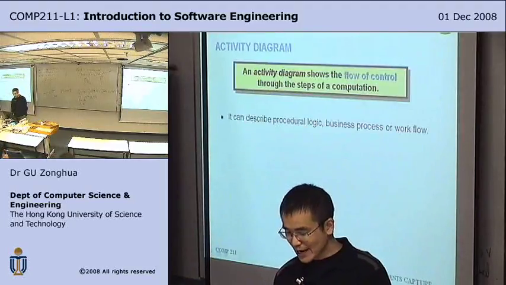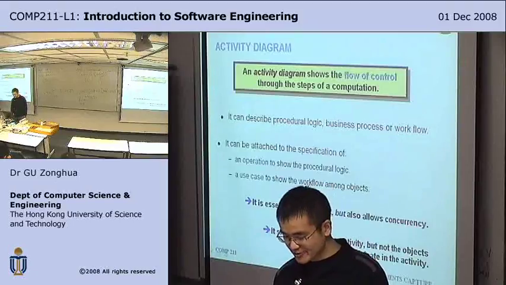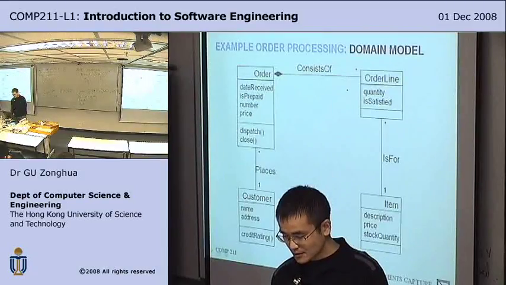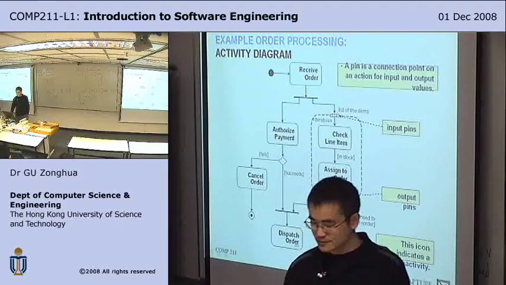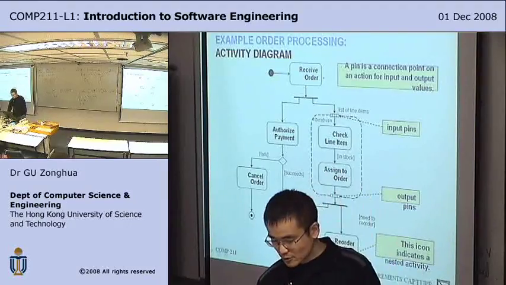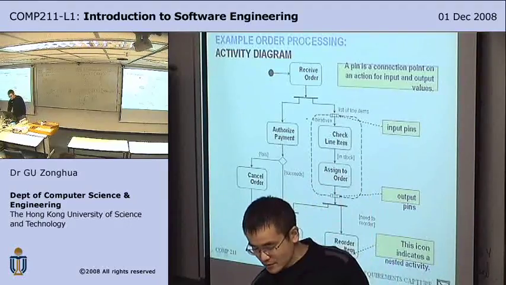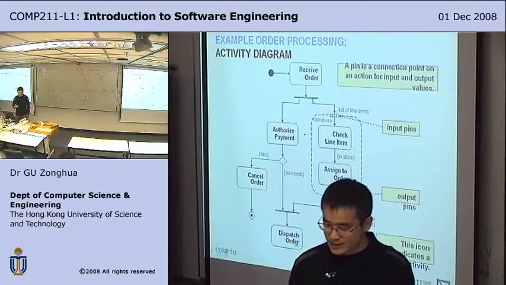So the activity diagram describes a flow of control. Here's an example of order processing. You receive an order, you fork off two branches, authorize payment and check item.